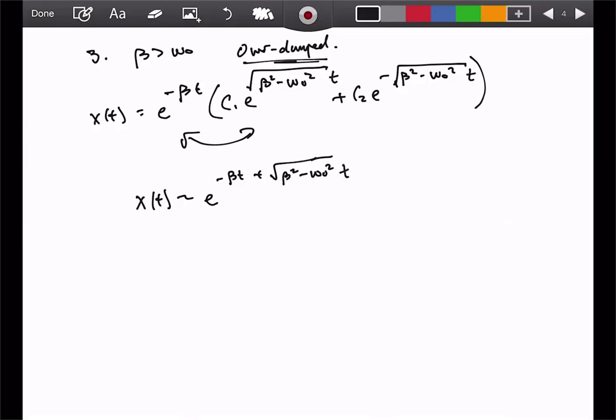Can't forget my t's. There we go. So I have a competition between this term here, which is exponential decay, while I have this term here, which is trying to cause it to grow. So I have exponential growth in this case.